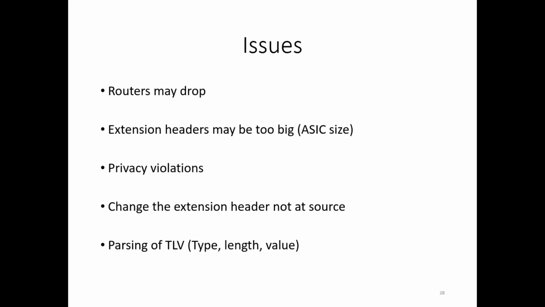Heaven only knows what happens to the path MTU. You might force fragmentation or packet drops. So what do we really mean by changing the extension header, not at the source? This is an ongoing controversy at the IETF, and as I say, this is not one that I feel terribly strongly on. If others do, please feel free to speak up.